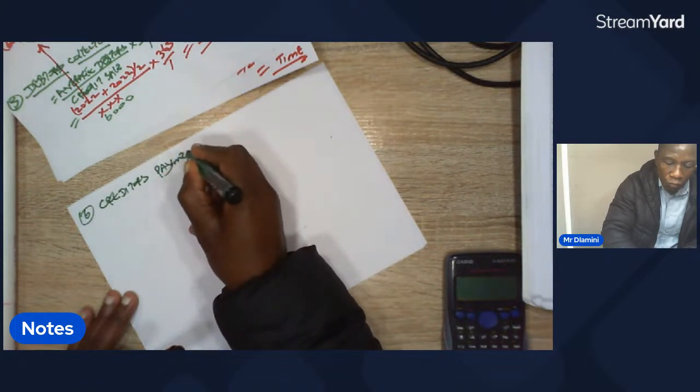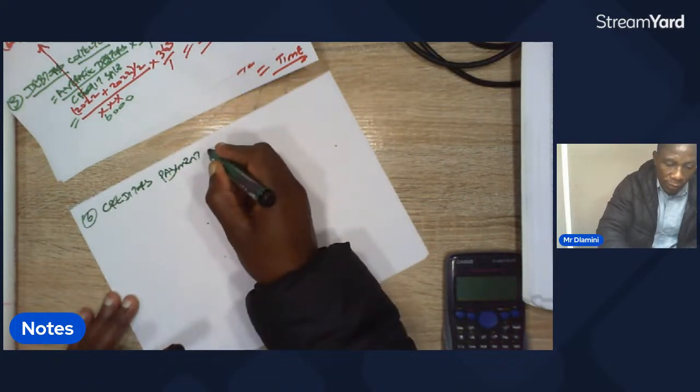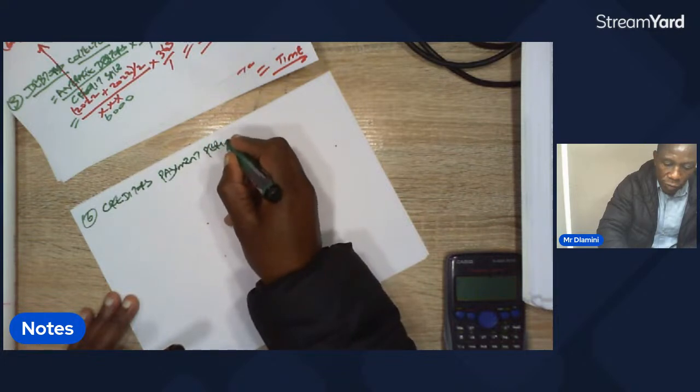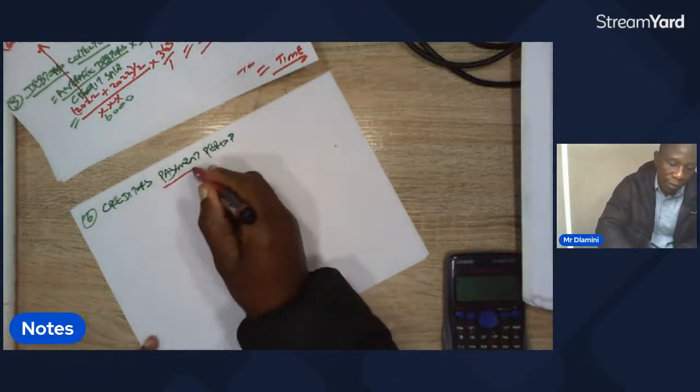Okay, let's go to the creditors payment. So we have the sixth one now: creditors payment period or schedule. Remember, creditors are people who sold to us on credit, so we have to pay them. That's why it's creditors payment.